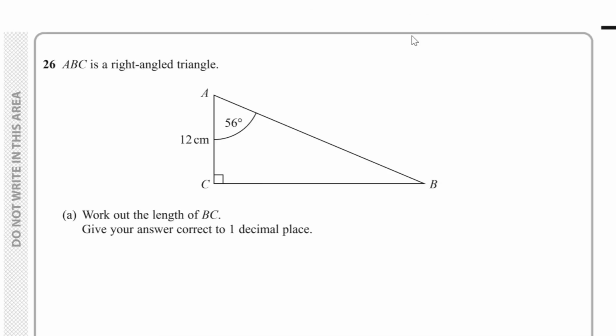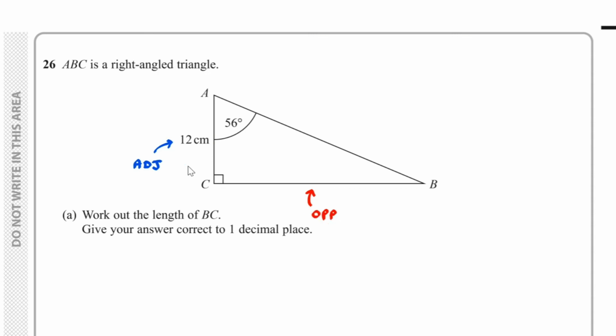Question number 26. ABC is a right-angled triangle, and what we have to do is work out the length of BC correct to 1 decimal place. Well, let's label the sides of the triangle. We've got AC, which is 12, and this 12 would correspond to the adjacent. We've got BC, which is opposite the angle here.